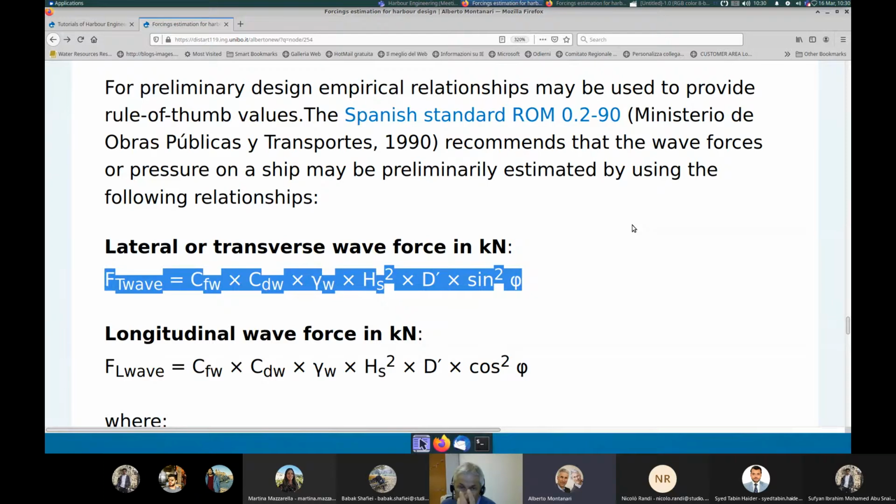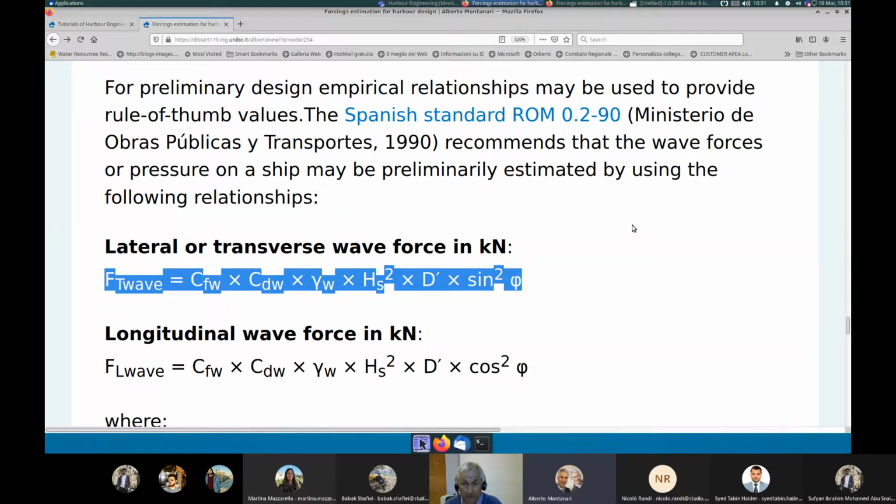And you know what significant means, and it's a reference value that is taken for the design wave. And this is squared, so it has an importance because it's raised to the power of 2. And then the next one is d prime. It's the projection of the ship length in the direction of the wave.